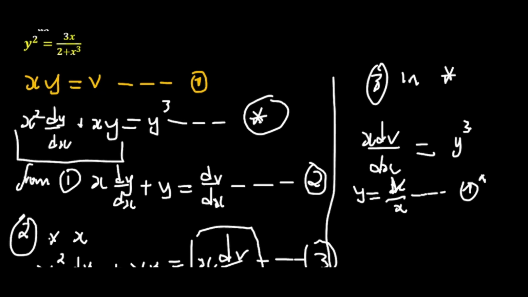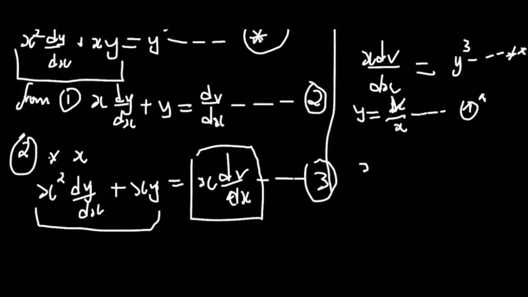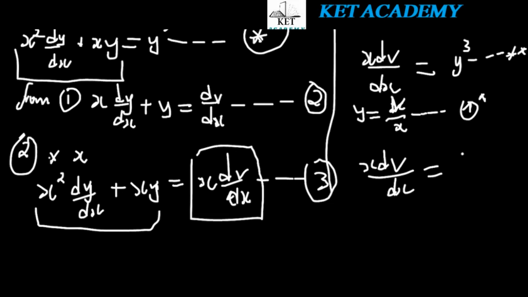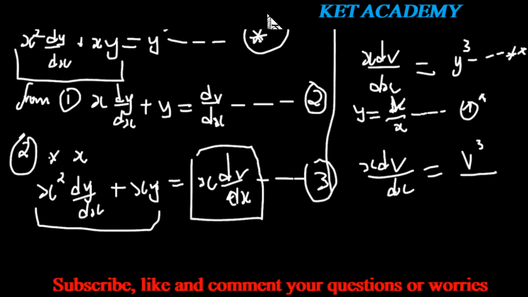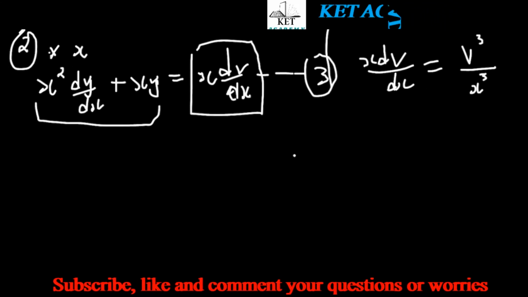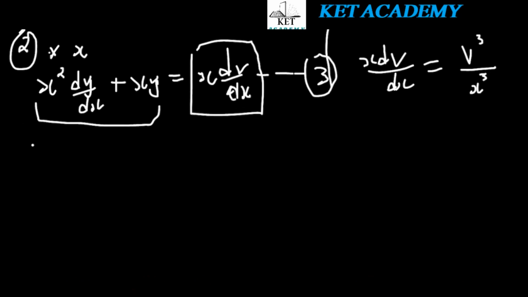Therefore, if we substitute it in our equation double star, we're going to have x dv/dx equal to v cubed all over x cubed, so that we are going to have x.